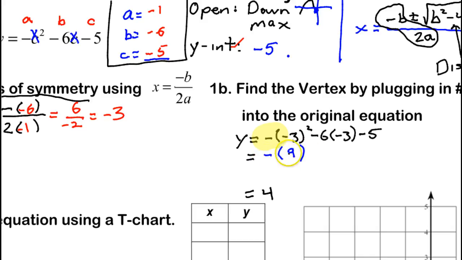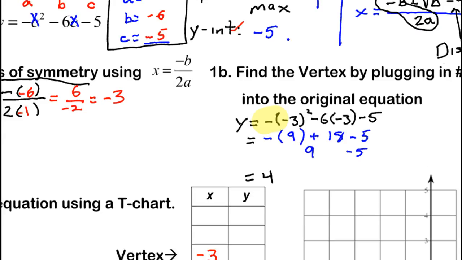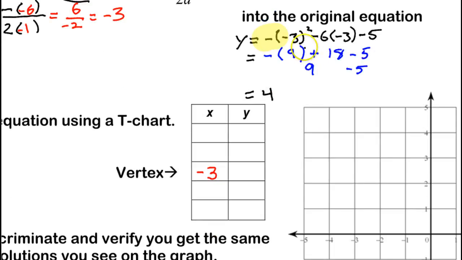Negative 3 times negative 3 is positive 9, but that negative is still in front. And we have plus 18. That's fine. So negative 9 and 18 makes 9. And then 9 minus 5 is 4. So a non-algebra mistake can make the whole thing incorrect, so you have to be very careful. So now we have our full vertex at negative 3, comma 4.